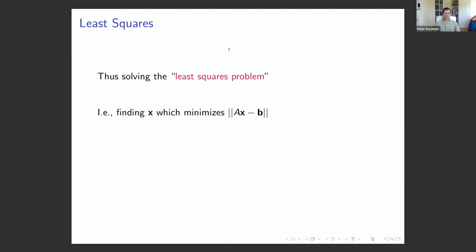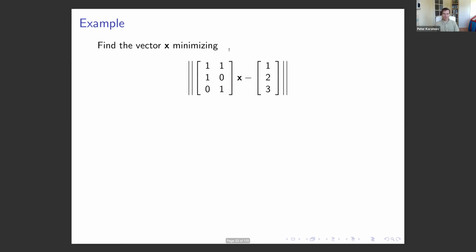To summarize, the solution of the least squares problem, i.e., finding a vector x which minimizes the norm of the vector Ax minus b, is the same as solving the linear equation, which we can rewrite as A transpose A x equals A transpose b. Take an example.